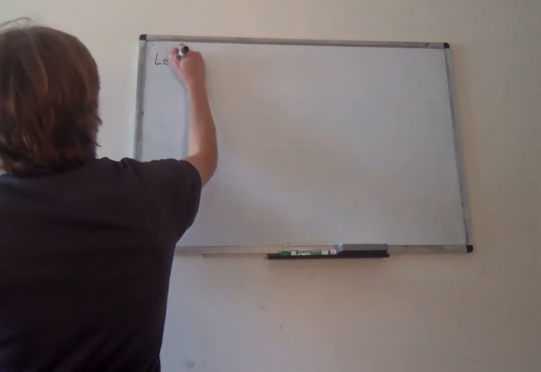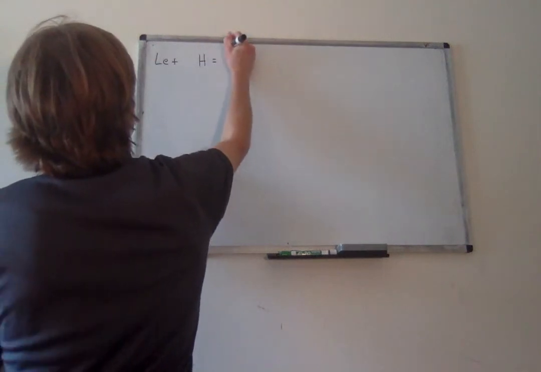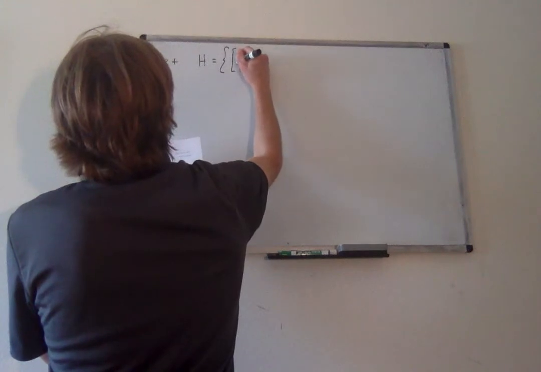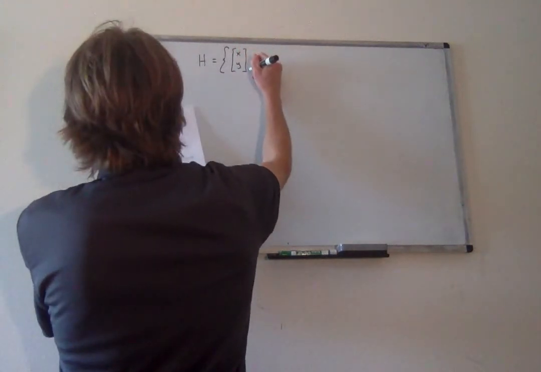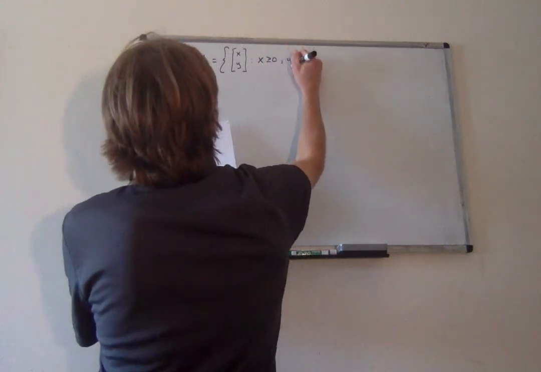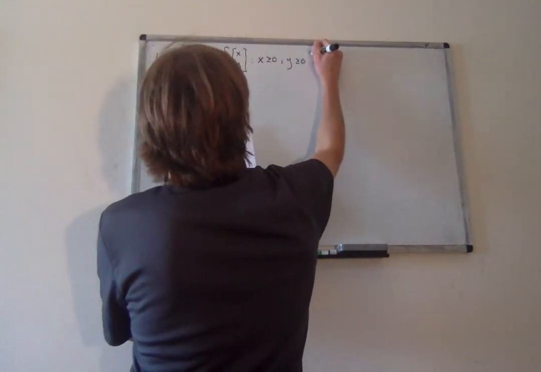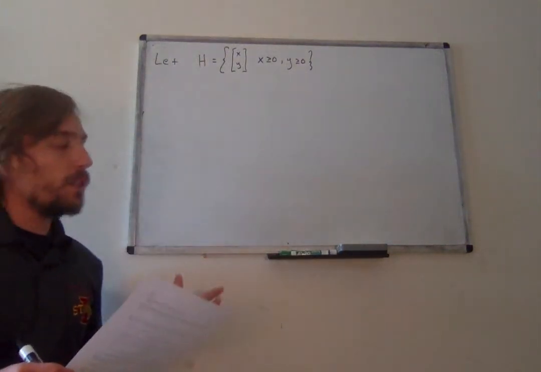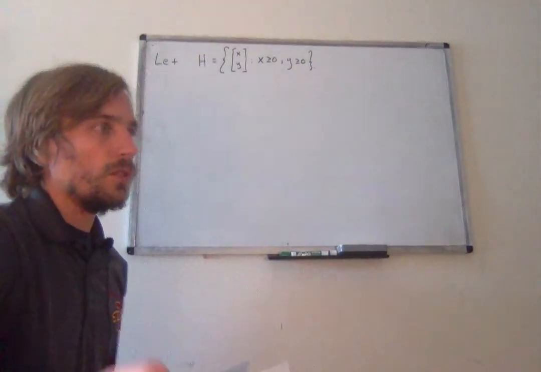So we're going to let H be the following subset of R2. It's going to be all vectors x, y of the form x greater than or equal to 0, y greater than or equal to 0. So this is the set of all vectors where both entries are non-negative.